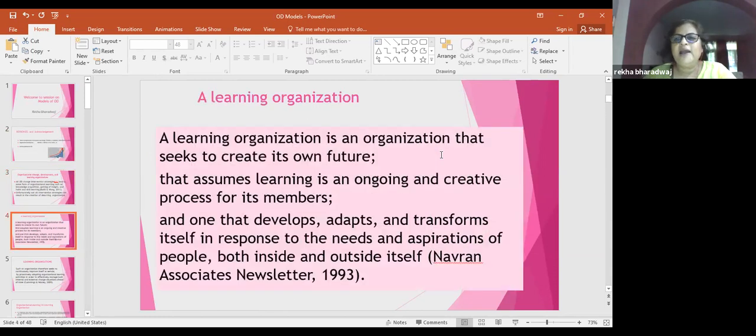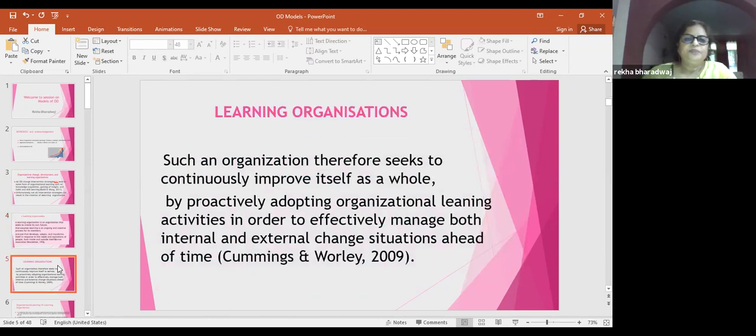A learning organization is an organization that seeks to create its own future, that assumes learning is an ongoing and creative process for its members, and one that develops, adapts, and transforms itself in response to the needs and aspirations of people both inside and outside itself.